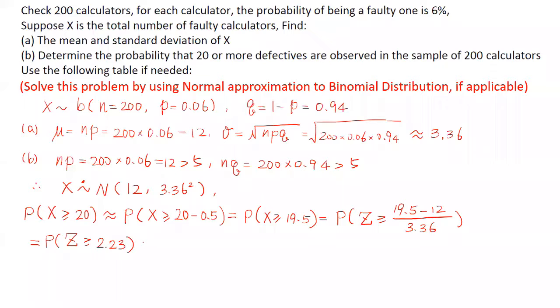in order to look up the table, we need to convert this to 1 minus the probability that Z is less than 2.23, right?